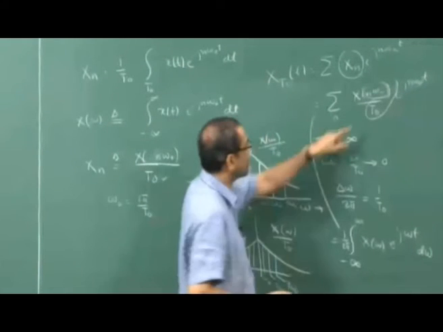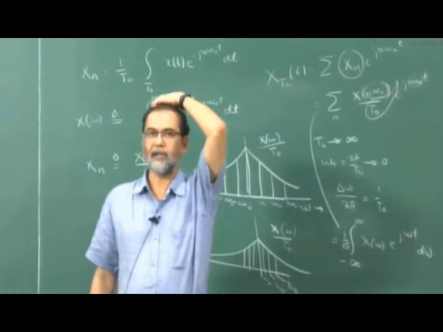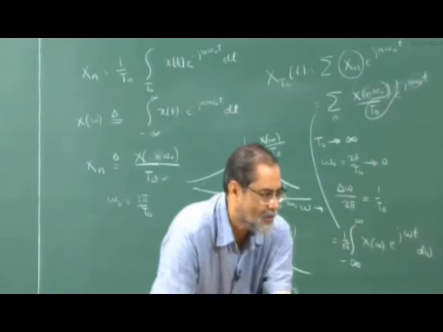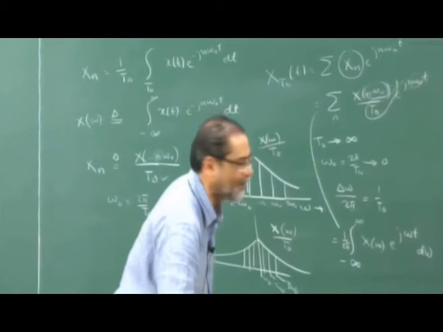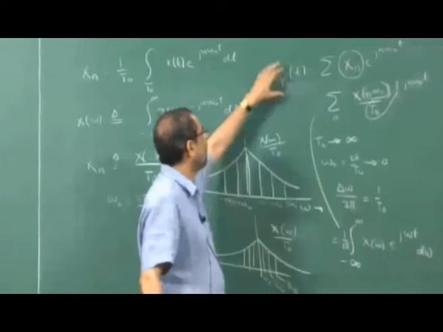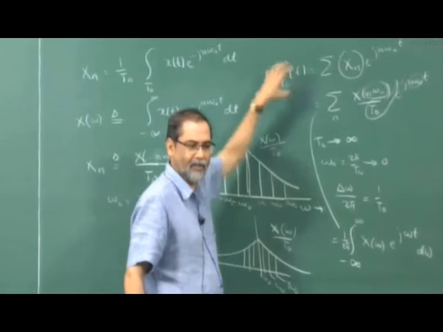This delta omega that is there becomes the variable of integration d omega, and that's what is written here. So in the limit as T naught goes to infinity, this becomes equal to x of t. So on the left hand side I have x of t.